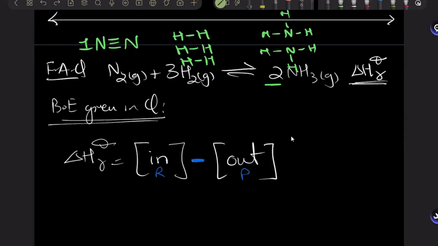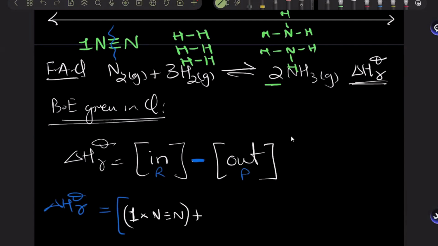All right. So energy given in. What are the bonds that I want to break over here? I want to break this nitrogen-nitrogen triple bond, right? So the energy is 1 times the nitrogen-nitrogen triple bond energy. Whatever bond energy it is for this, I'll insert the value over here.